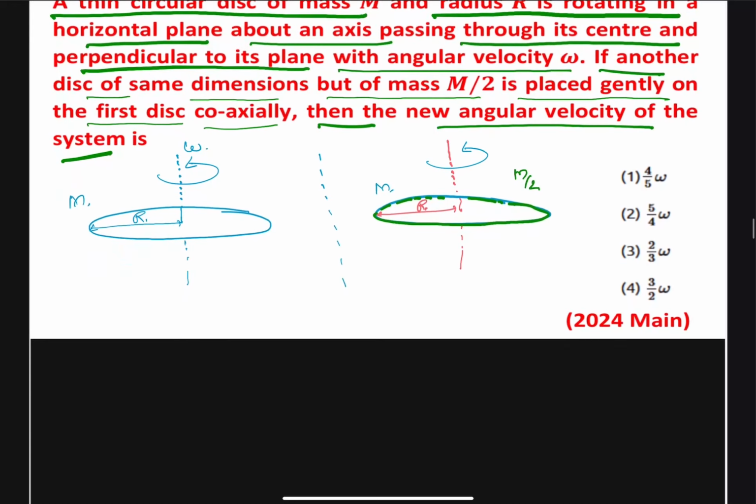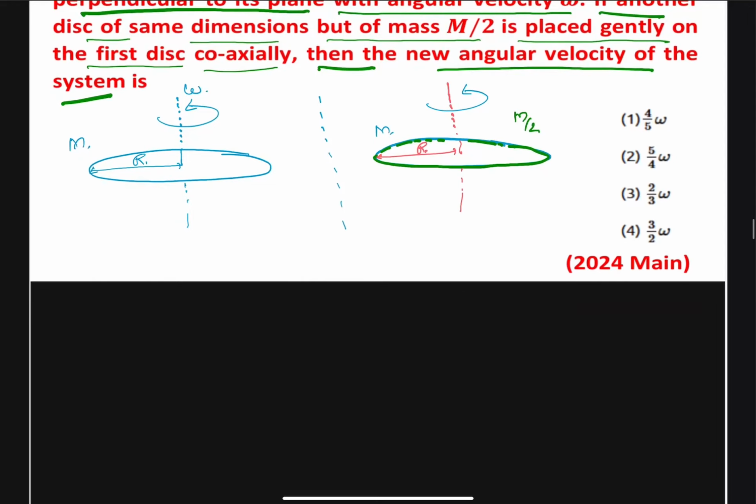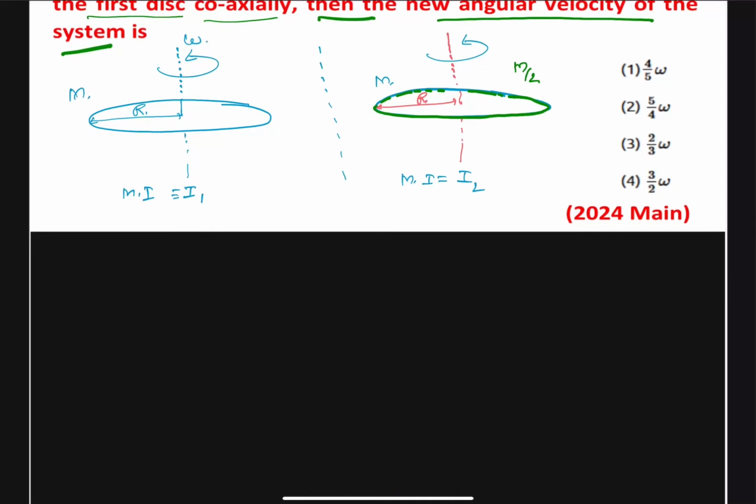The general formula we already know. Let us suppose the moment of inertia in the first case is I1, in the second case is I2.